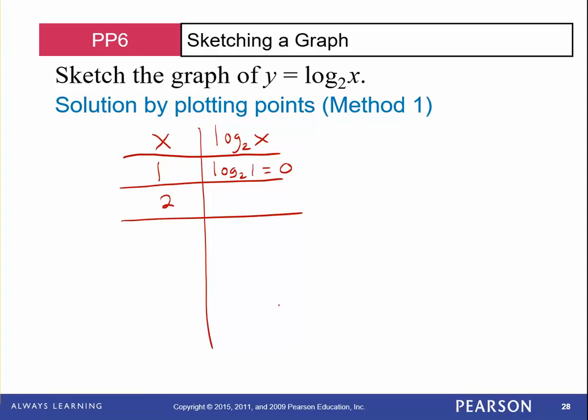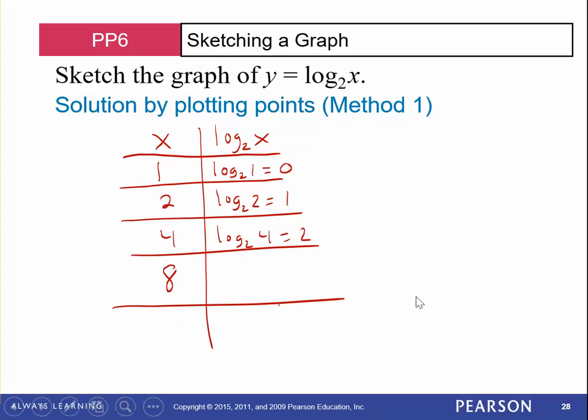Then I'll plug in a 2, because log base 2 of 2, what exponent do you put on 2 in order to give you a 2? 1. Then I'm going to plug in a 4 because log base 2 of 4 is equal to 2, and then I've got an 8. Log base 2 of 8 is going to give me 3, so notice I've got some values here. Now I can graph it.